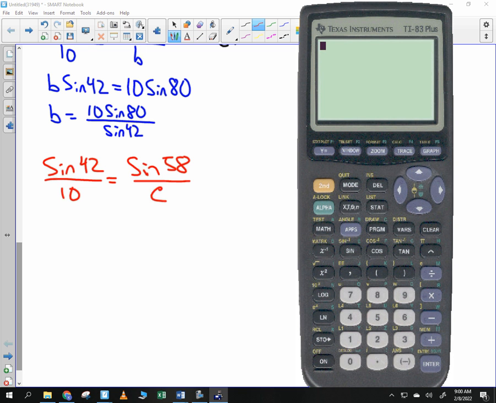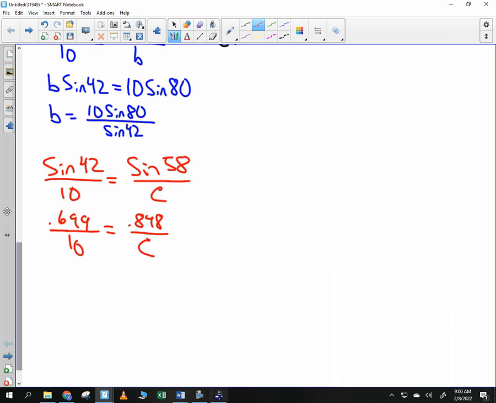So watch, sine of 42, I press enter, and I get 0.669. 0.669 divided by 10 is equal to, and then I can do sine of 58. I get 0.848 over C. So, Luke, this would help you. You could just turn them both into decimals and then cross multiply from there if you want.